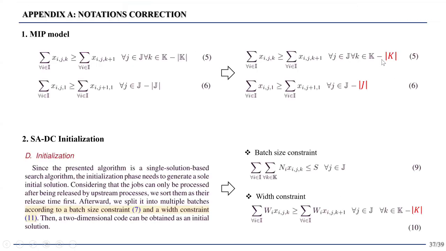For example, in the MIP model, it should exclude the final rolling position and the final rolling unit instead of excluding the total set as denoted here. And for the SA and DC initialization phase, the backside constraint and the width constraint are not constraint 7 and constraint 11. They should be constraint 9 and constraint 10.